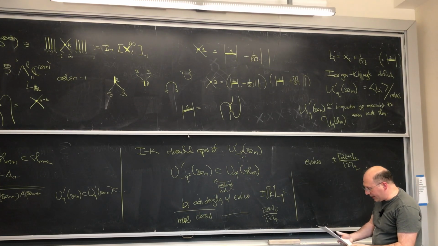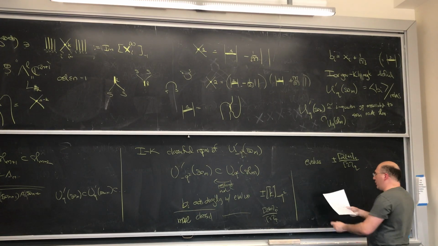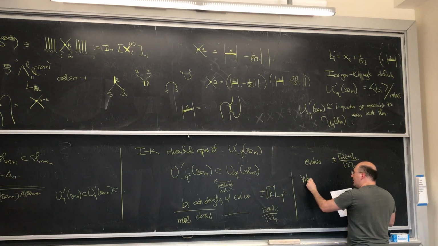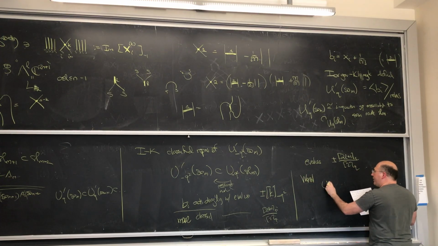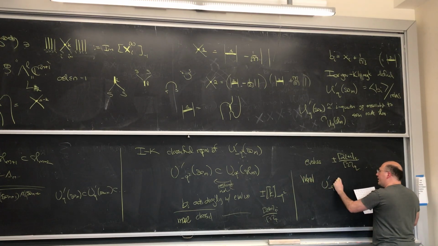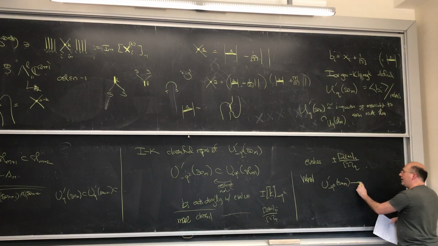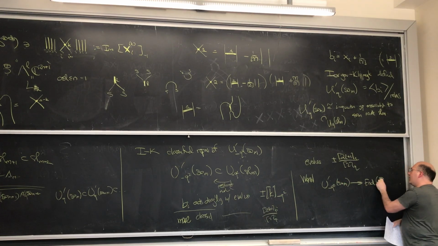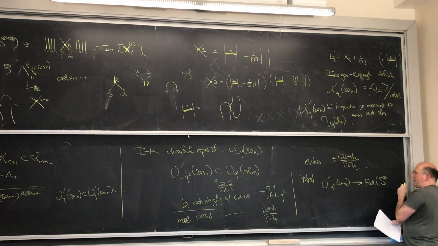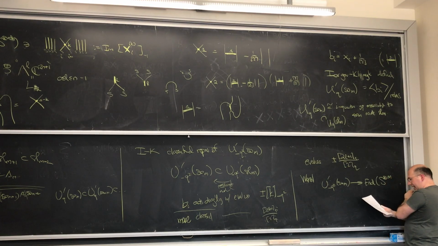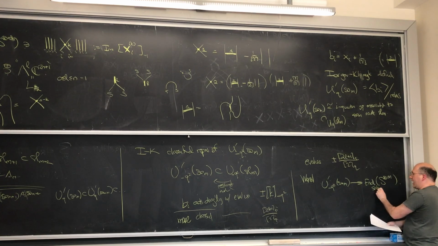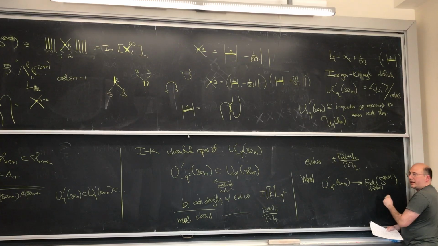And where do these come from? Well, so Wenzel realized that there was a map from U prime minus Q squared SLM to the endomorphisms of S tensor M. I think I have the correct M here, as a module over SO n plus 1 Q. Okay.